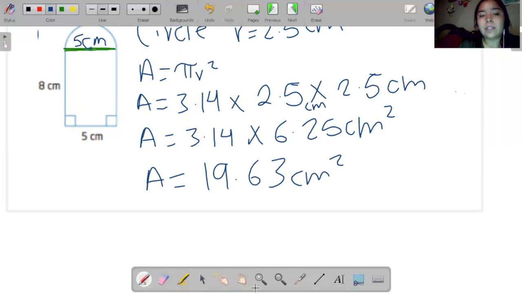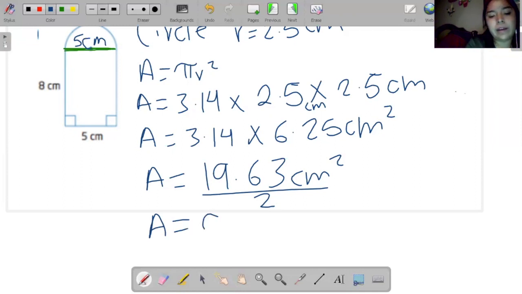So we're going to divide by 2. The area of half of a circle is 9.81 centimeters squared.